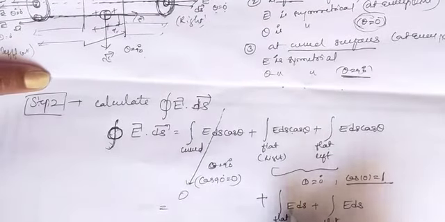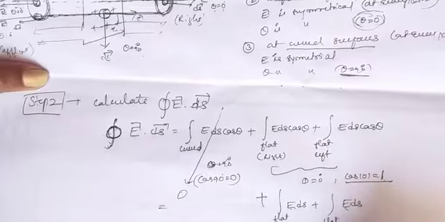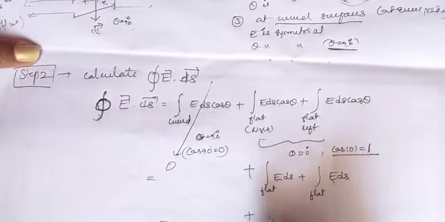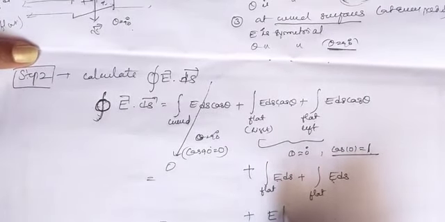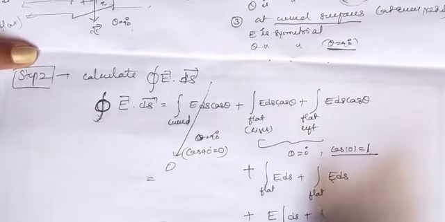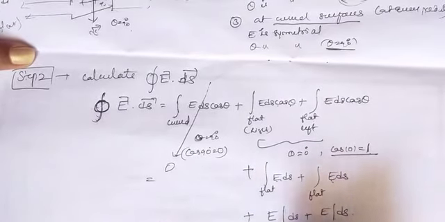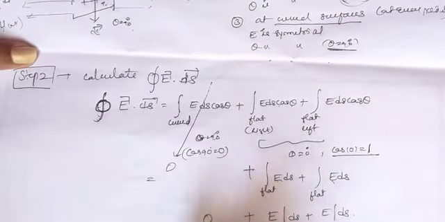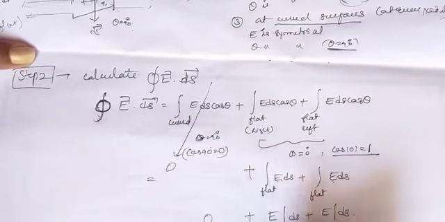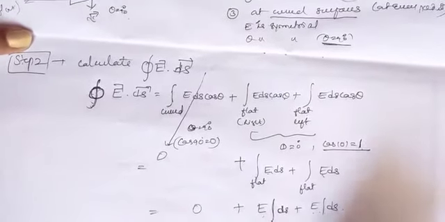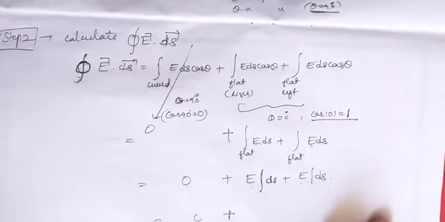E is constant, E is symmetrical at every point, so we just take E out: E times the integration over ds plus E times the integration over ds. The curved part is 0, and the flat parts give E plus E, 2E. Integration over ds means we have the sheet, so we have the area.